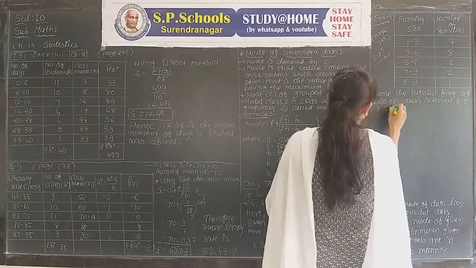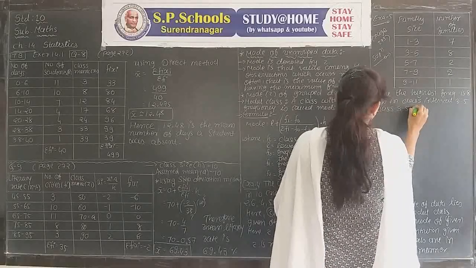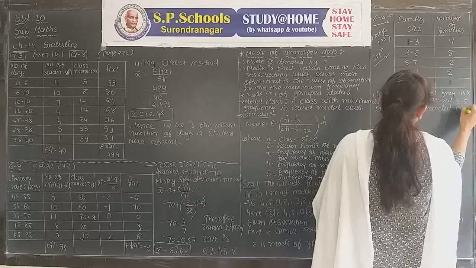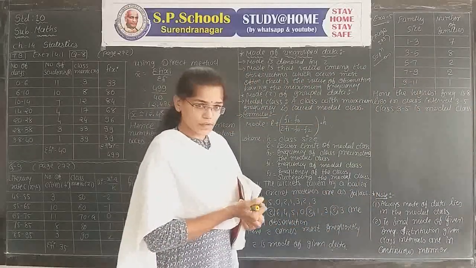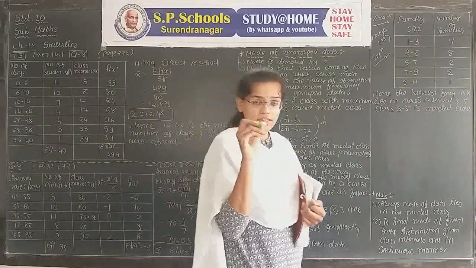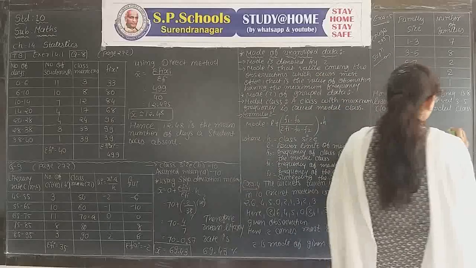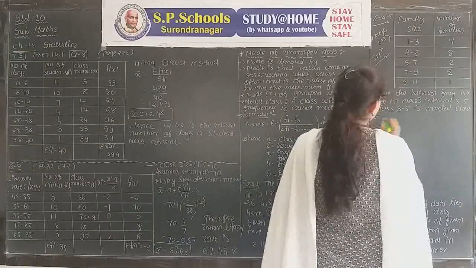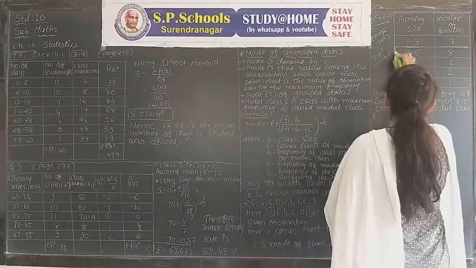Therefore, class 3 to 5 is the modal class. Hence, the mode of the given data lies between 3 and 5. Our answer is greater than 3 and less than 5. Now, we decide L, the lower limit of the modal class. It is our modal class. Highlight it.